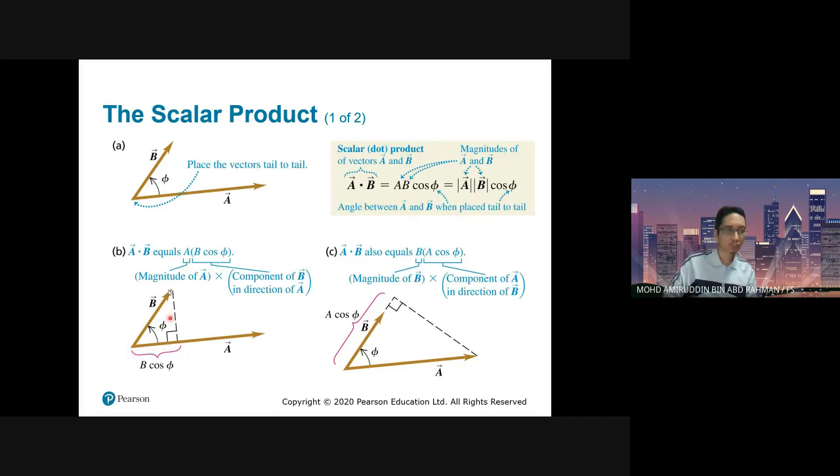For example, vector a is traveling in the x direction, and we need to find what vector b is in terms of the direction of vector a as well. That's why it comes out as b cos phi. So you can understand that we are looking for the dot product of both vectors in the same direction.